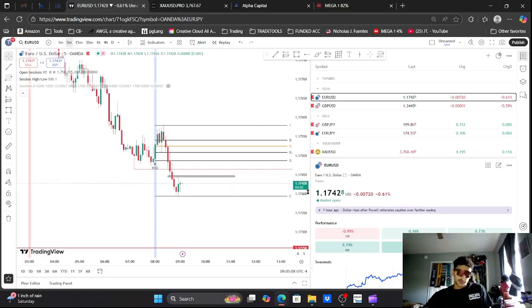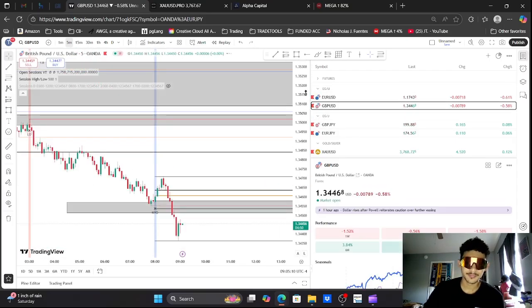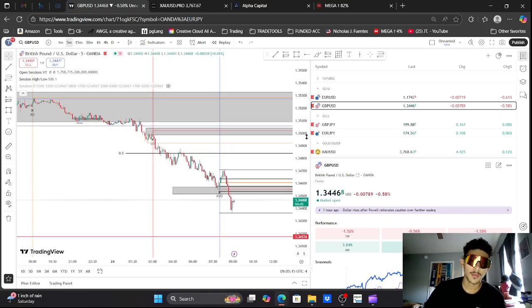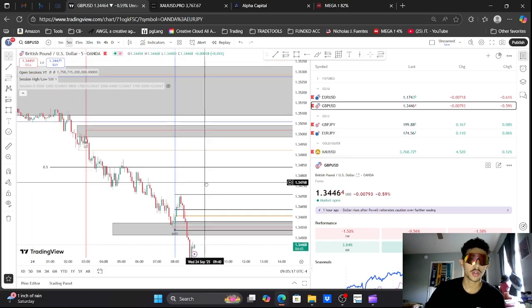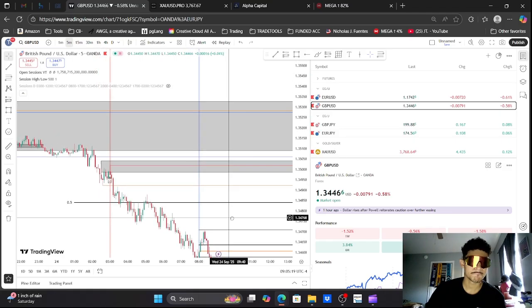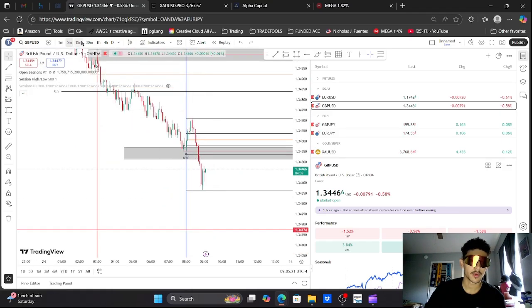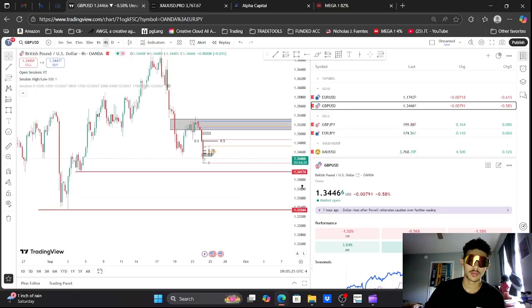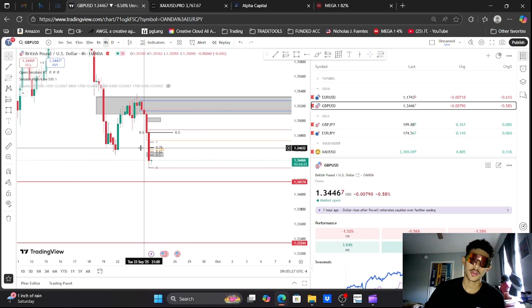We'll see what price wants to do on EU and GU. Although we also are looking, we're for sure looking bearish.